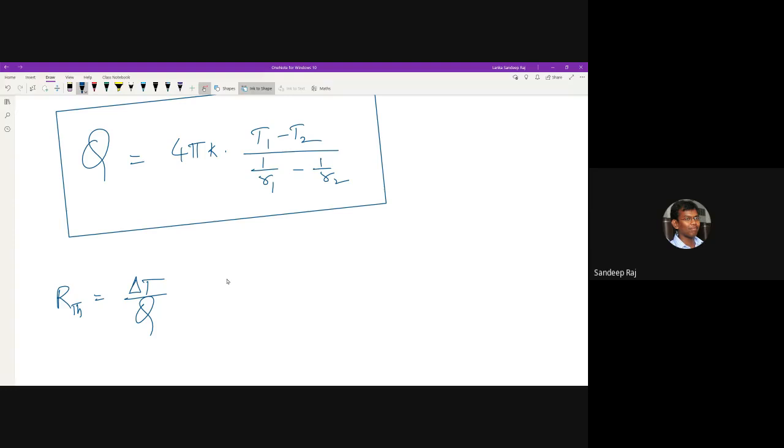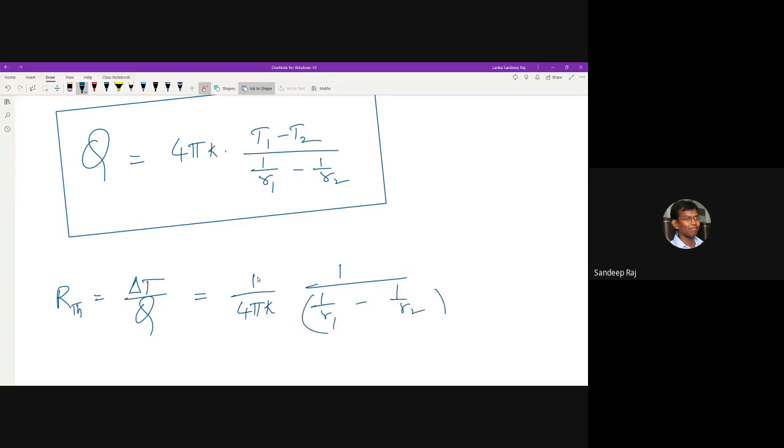So delta T by Q is equal to 1 by 4 pi K into (1 by R1 minus 1 by R2).